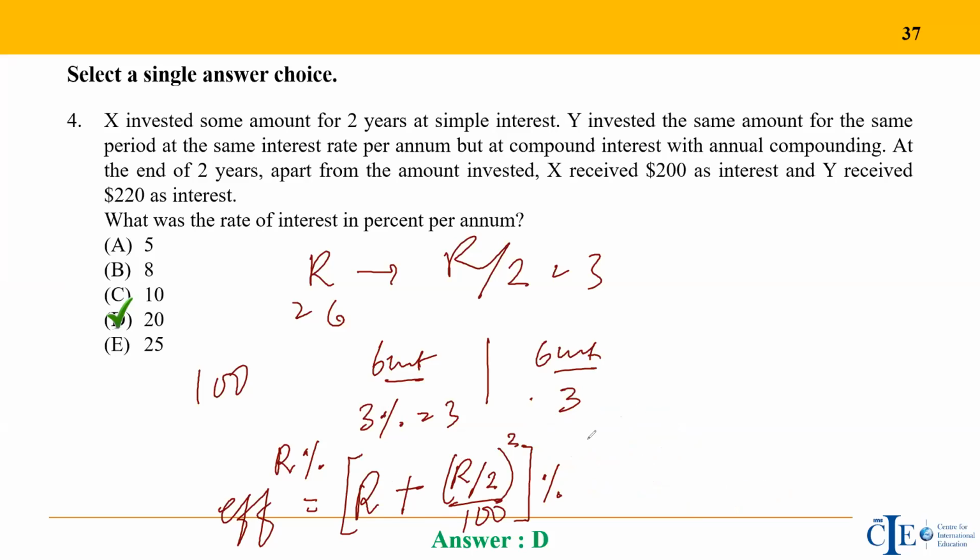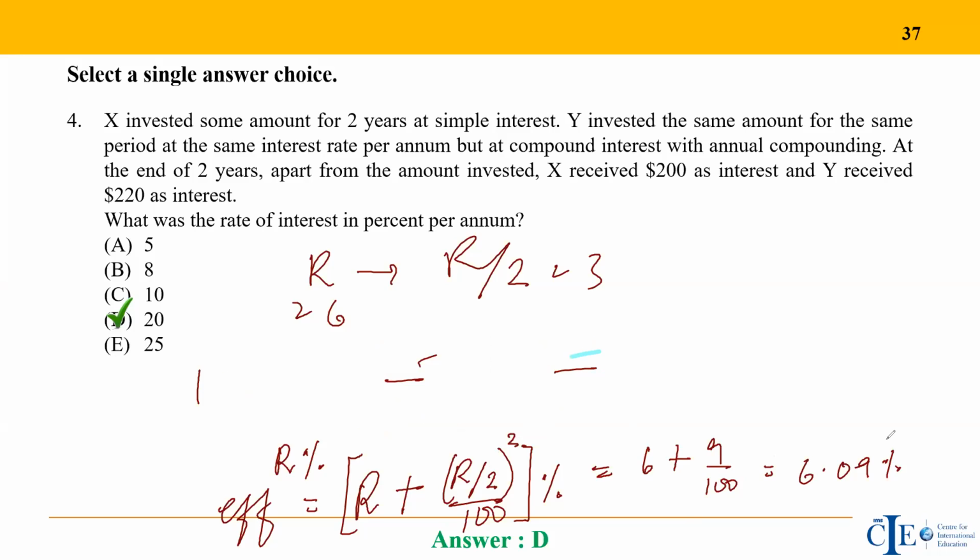So in this case R is 6, correct? R% is 6, so how much will it become? 6 plus 6 by 2, 3 square 9, upon 100, right, which is 6.09%. Similarly, if this was given as 10% half yearly, then what is the equivalent rate?